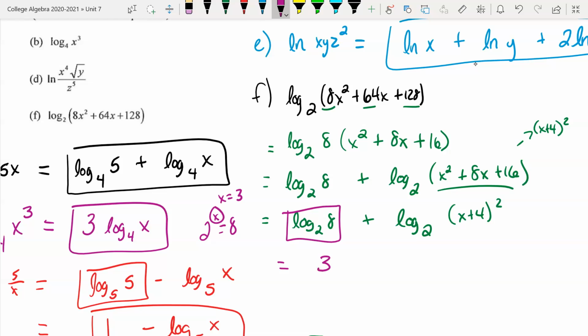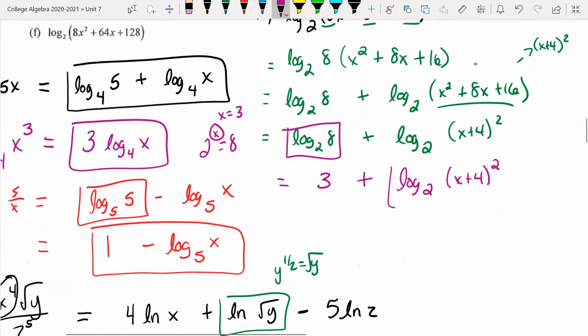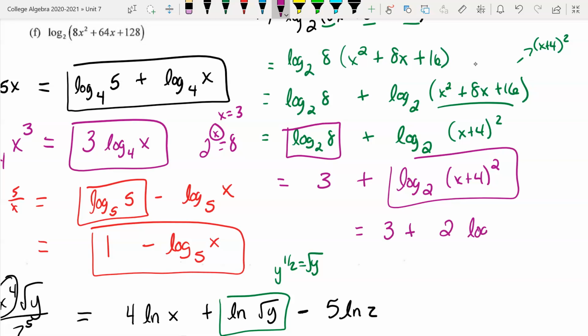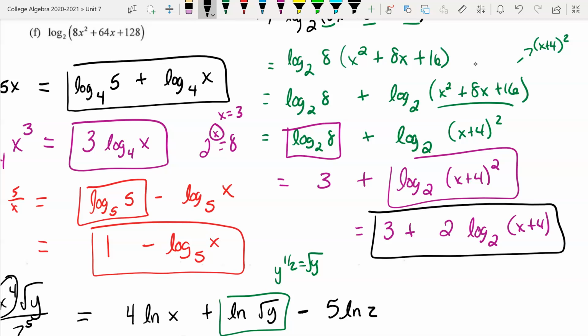So this is going to turn into 3 plus log base 2 of x plus 4 squared. And then lastly, I need to simplify this by rewriting it. If it has an exponent, we put it out front. So we'd say 2 log base 2 of x plus 4. And there are problems just like this one on the HOC, so you need to know how to do that. So our final answer is going to be 3 plus 2 log base 2 of x plus 4.